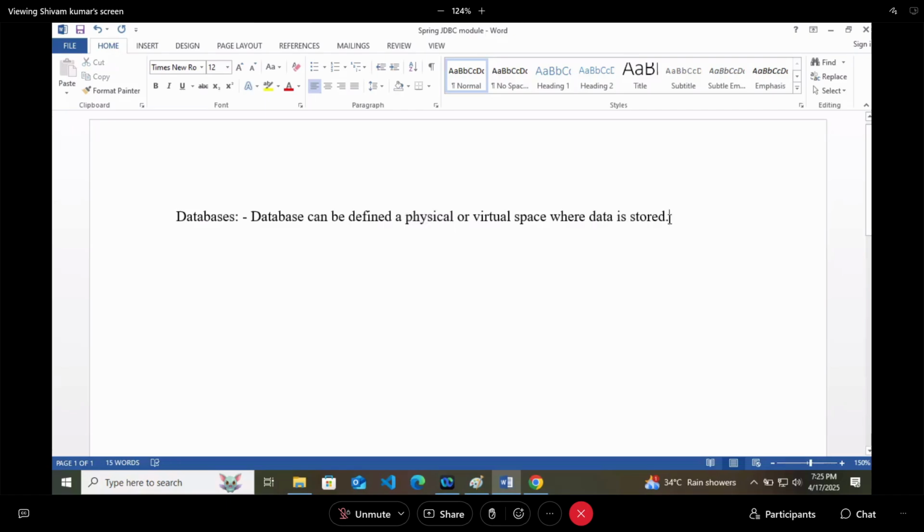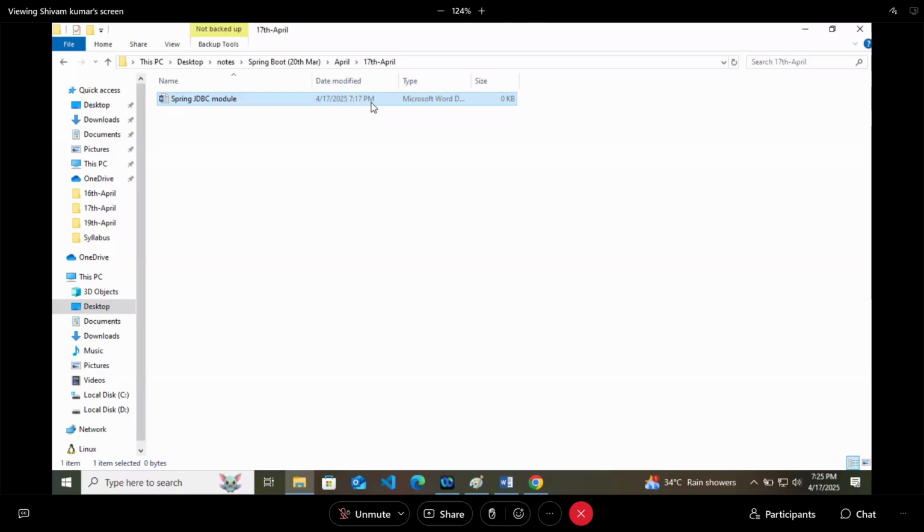Is an Oracle database physical or virtual? You might have worked on SQL databases, that is Oracle or MySQL. Is it physical or virtual? Think again and answer. I am saying that these notes are stored in my physical database, so I will open my laptop's back panel and show you that hard drive.